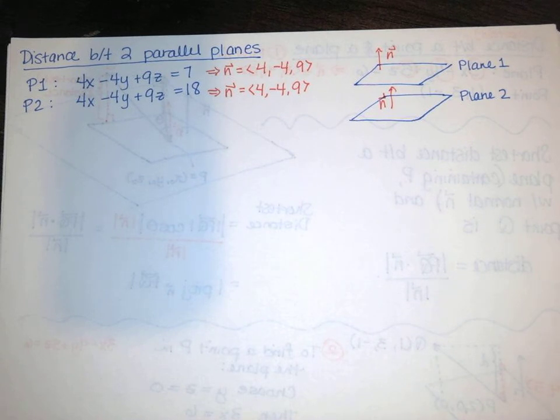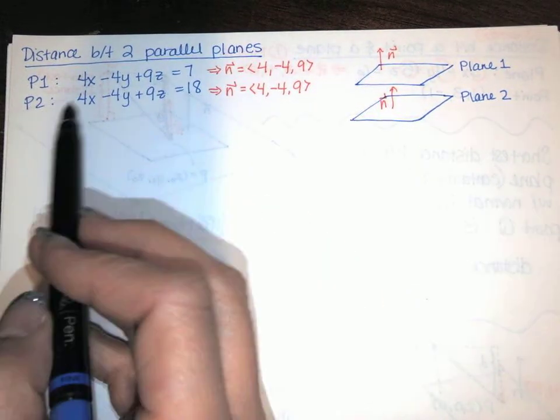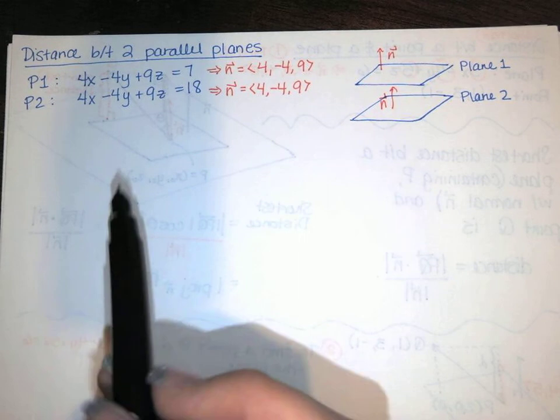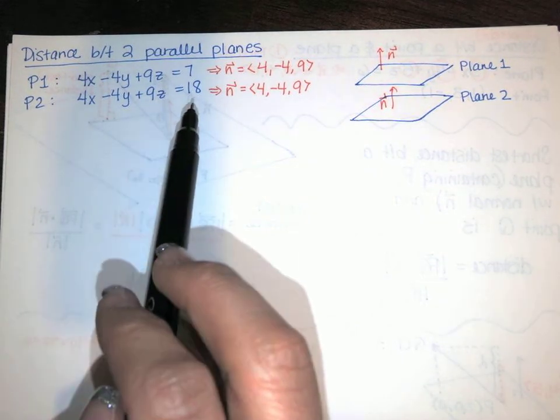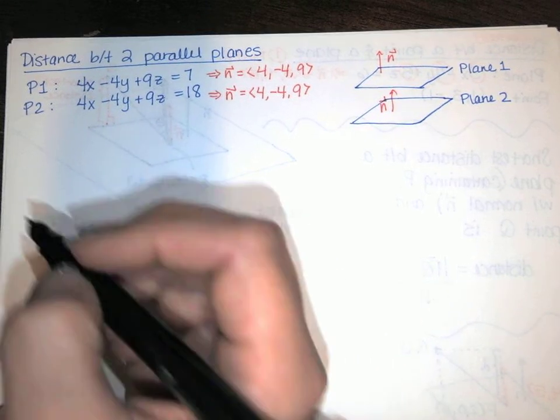So let's say that our point Q is in the second plane, and I chose the second plane because the arithmetic will be easier, because I know that 9 goes into 18 twice. So let's find a point in plane 2.